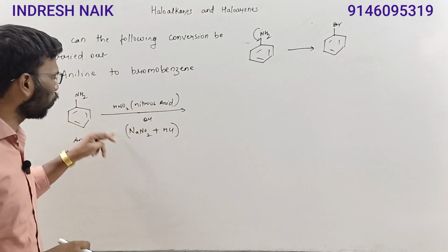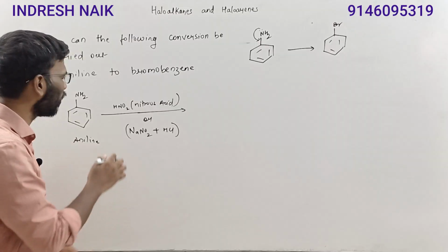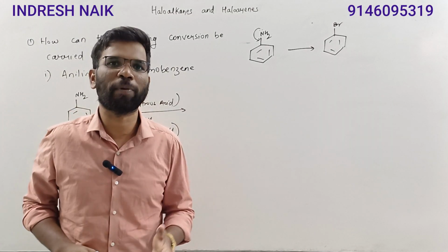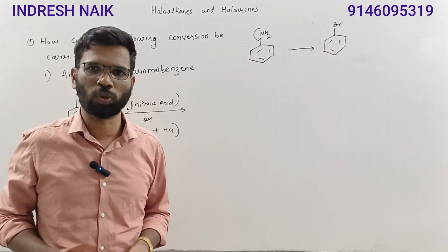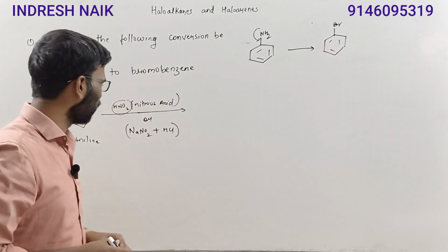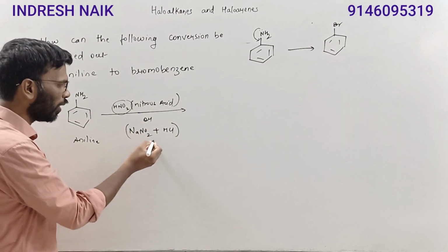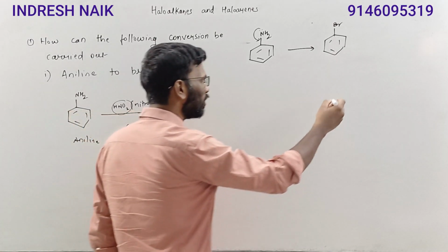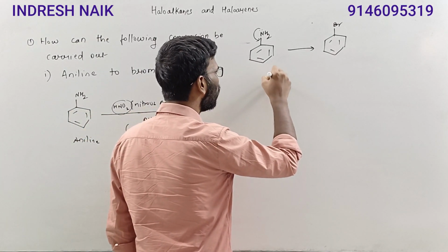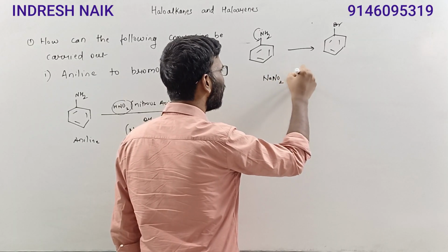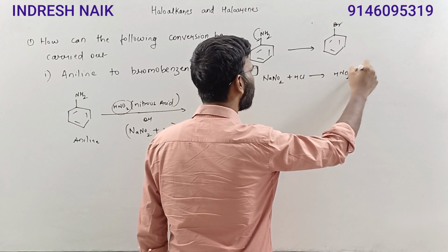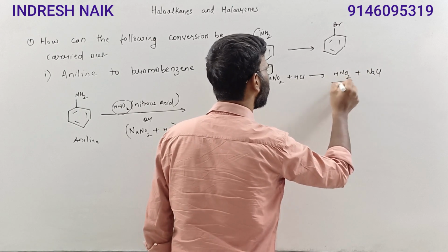Actually, these both reagents are the same. Over here HNO2 is in situ, means inside the reaction it should be freshly prepared. How is it prepared? NaNO2 and HCl gives you HNO2 plus NaCl. So this is prepared inside.